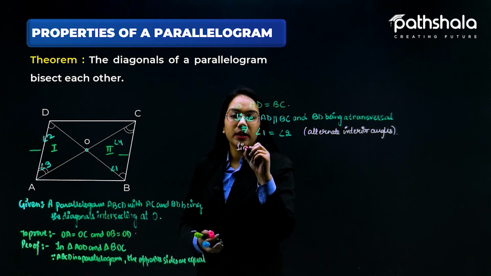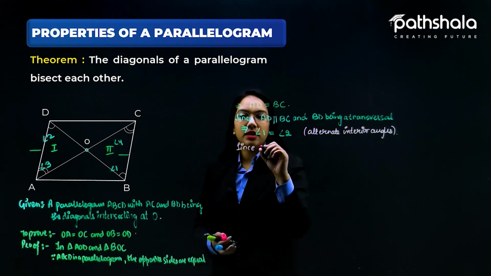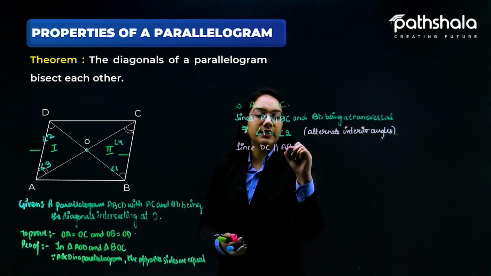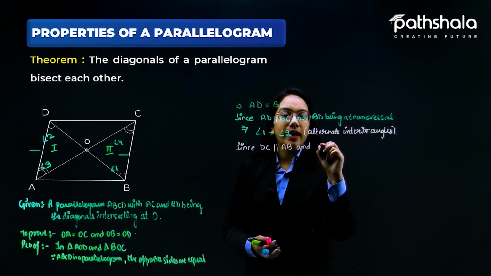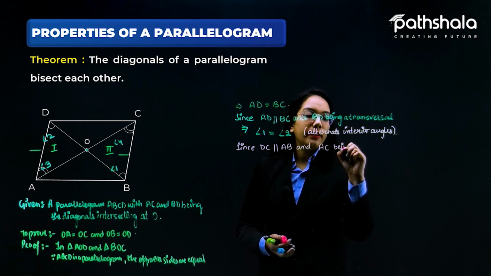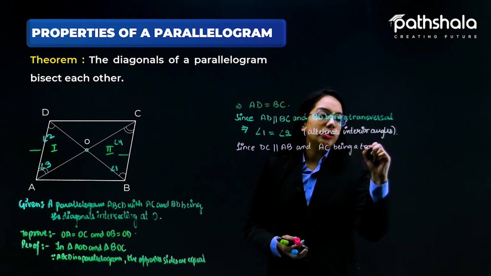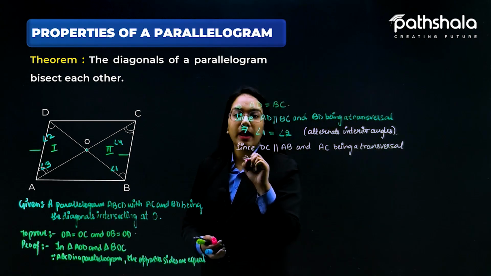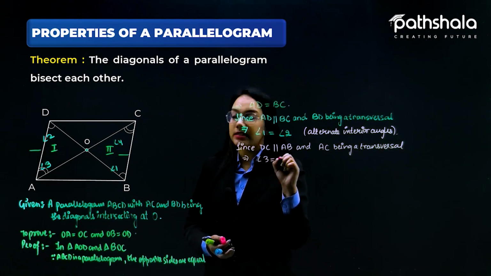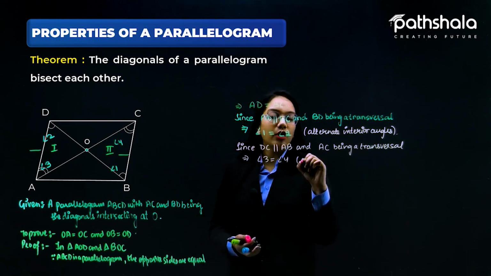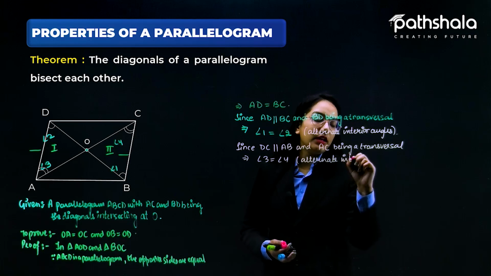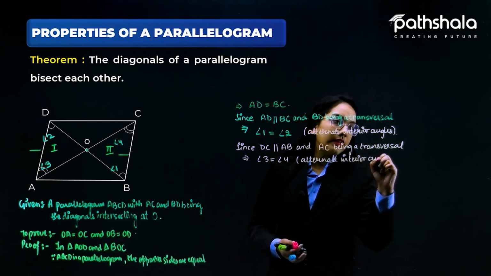Moreover, since DC is parallel to AB and AC is a transversal, it implies that angle 3 is equal to angle 4. Again, they are alternate interior angles.